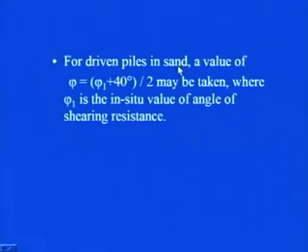So, for driven piles in sand, instead of taking phi equal to phi 1, which is the in situ angle of internal friction, you simply modify that value as phi 1 plus 40 degree by 2, and then with whatever phi you get, you can go to the previous chart from the IS code, and then read the corresponding value of NQ.